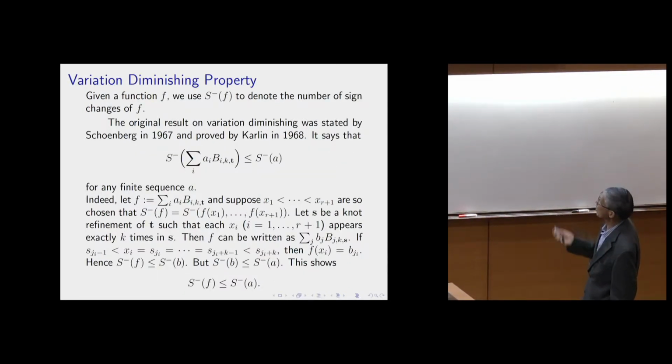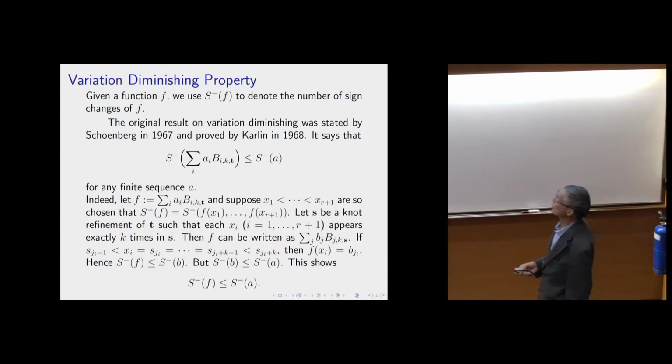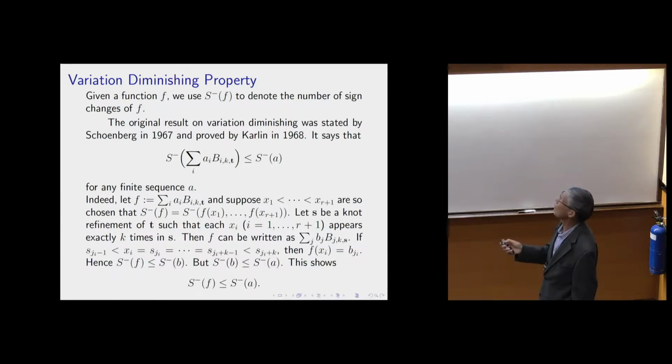So now from the previous result, we can easily establish the variation diminishing property. Given a function f, we use S-bar of f to denote the number of sign changes of the function f. The original result was done by Schoenberg and Karlin.